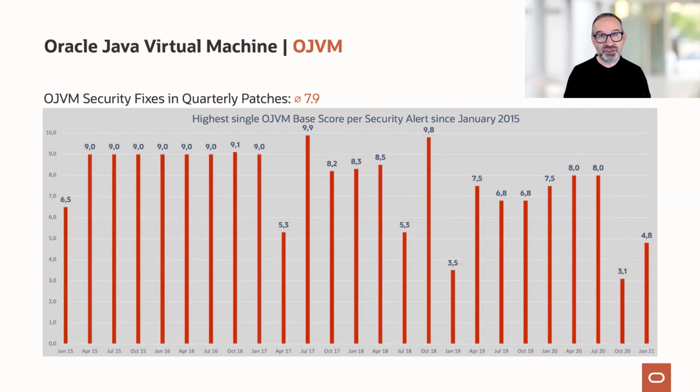The average is almost 8 of the risk score. You see there are some below that. Recently, there are only a 3.1 and a 4.8. But over time, there are a lot of 9-ish risk scores for OJVM. In some of the bulletins, there were also 2 or 3 OJVM fixes included. So I always took just the highest here to scare you a bit.